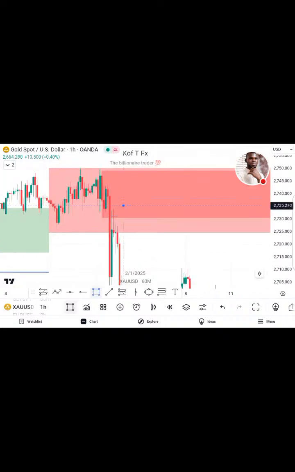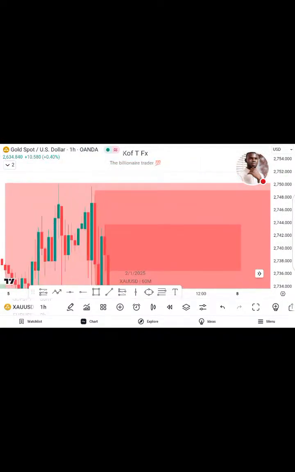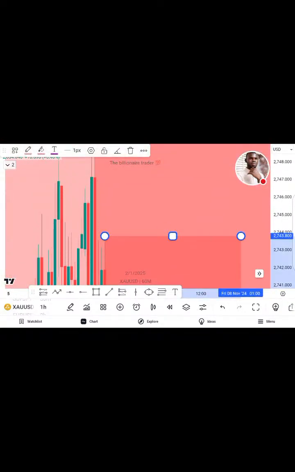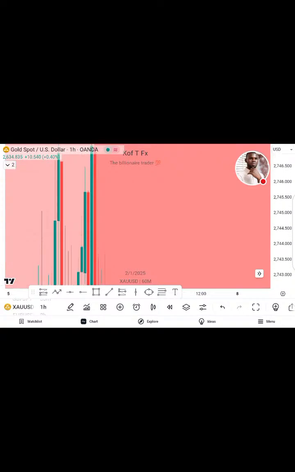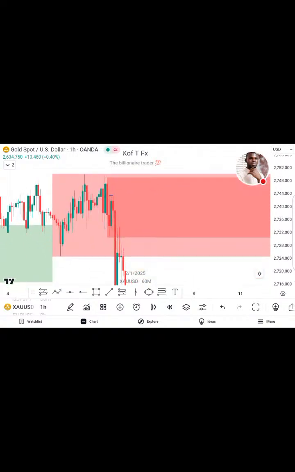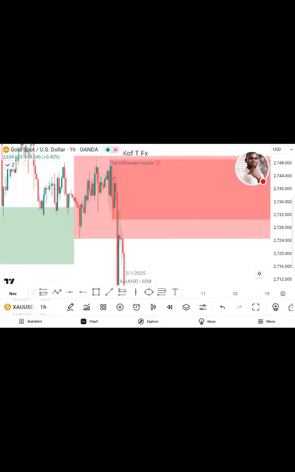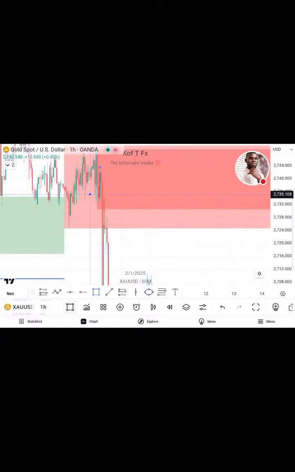Within this 1 hour time frame, I still have this particular area available. Let me delete it so that you can see what I'm looking at here. This particular candle actually took out a liquidity here. So that's why I'm considering it. And this will be the last place I'm going to have my refinement. So you have this particular area here too.